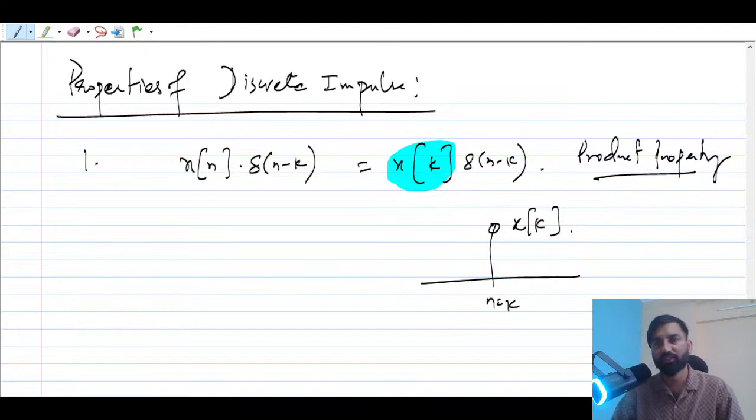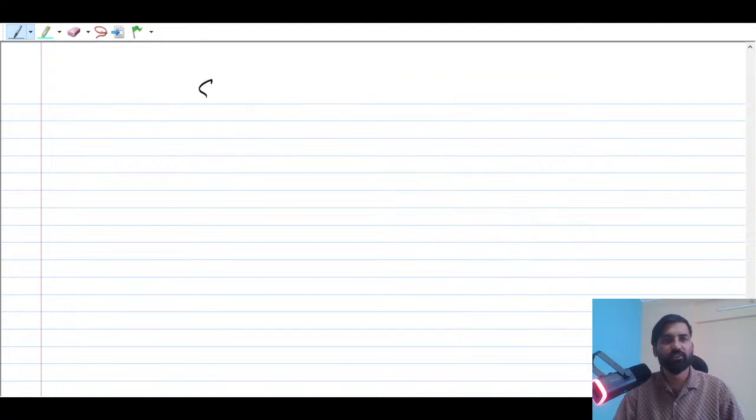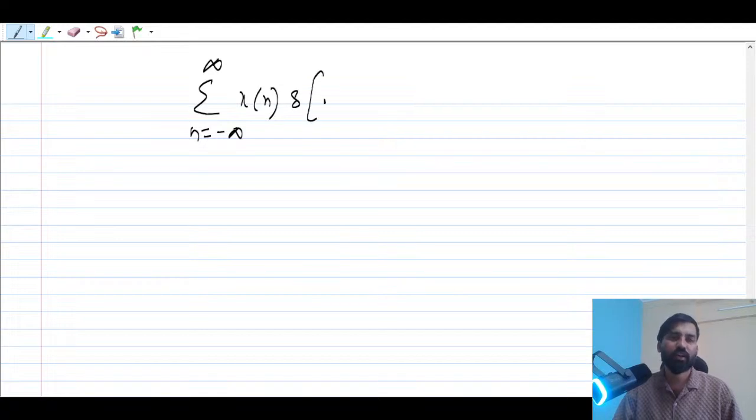If you talk about the discrete counterpart, you can use the discrete sum, right? So the discrete sum, your summation running from minus infinity to infinity, x of n times delta of n minus k.